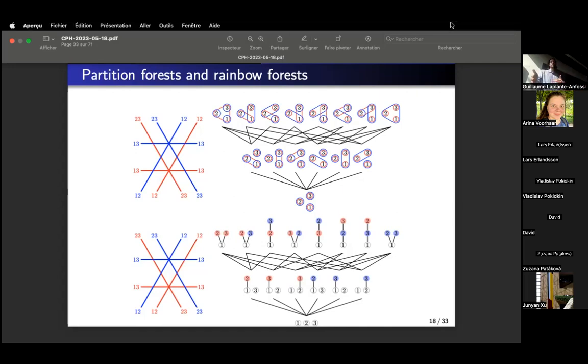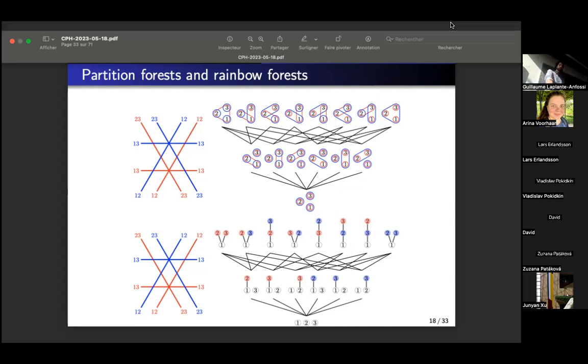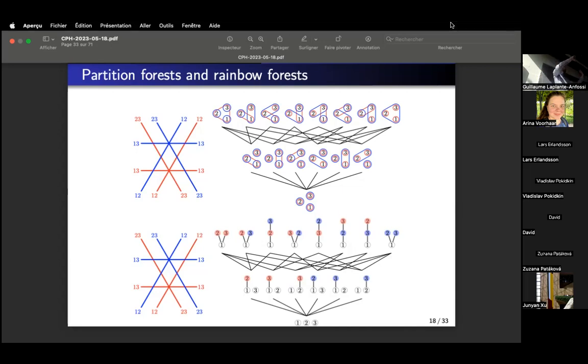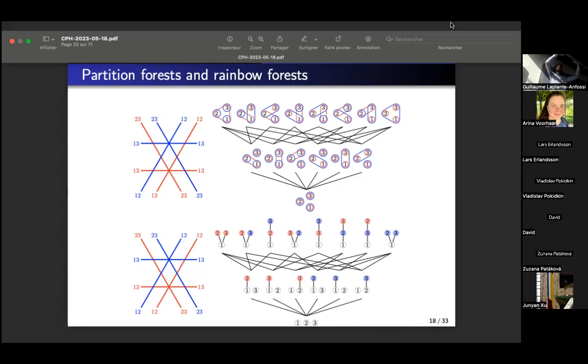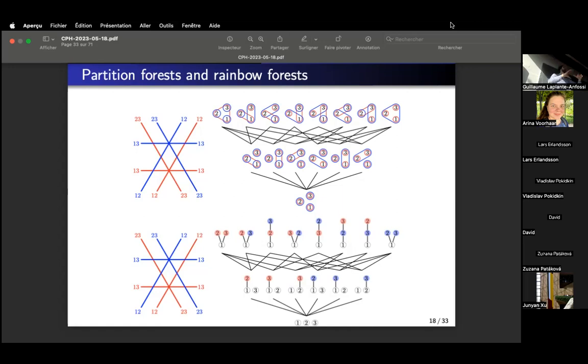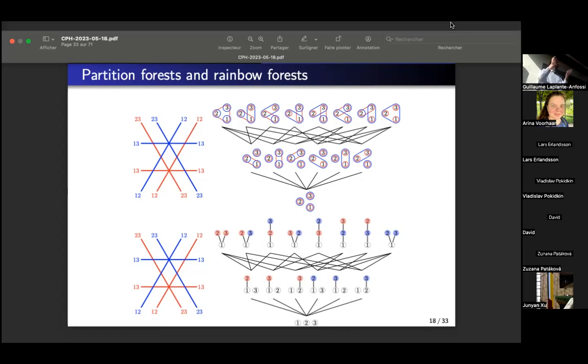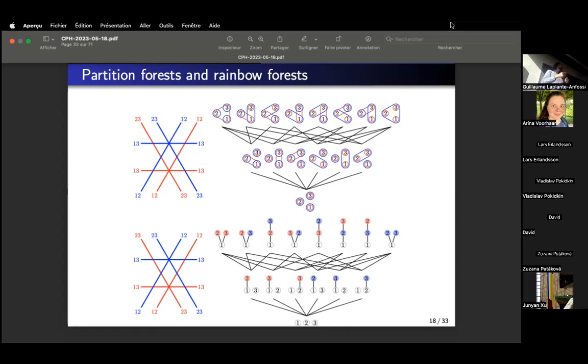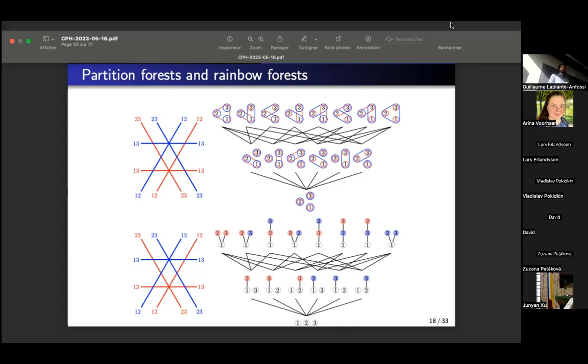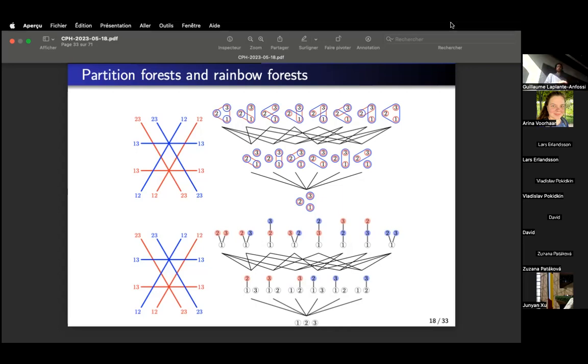I didn't write the definitions in detail, but here's just an illustration. From the top to the bottom, you can go from partition forests to what we call rainbow forests, which are labeled trees with some colors, and which are in bijection with the partition forests.